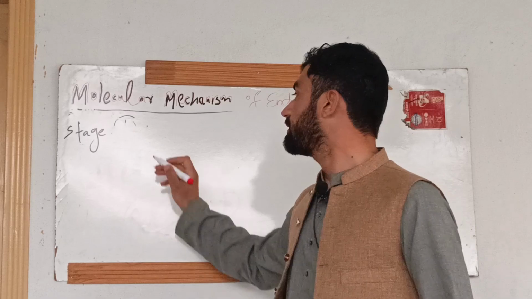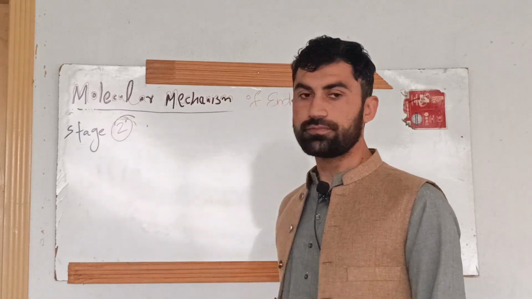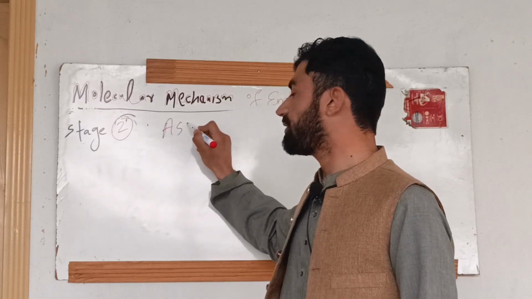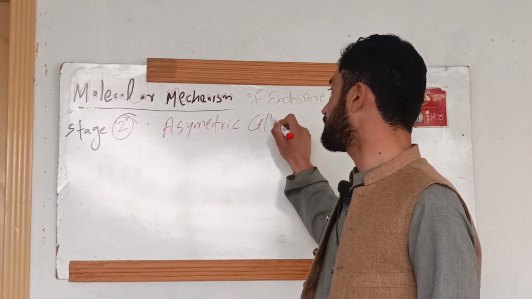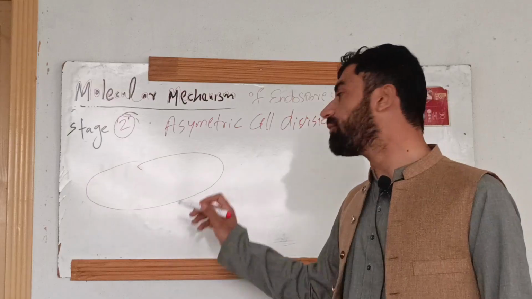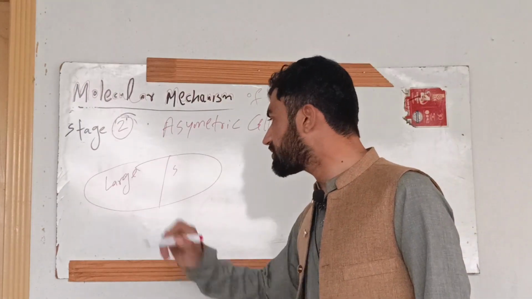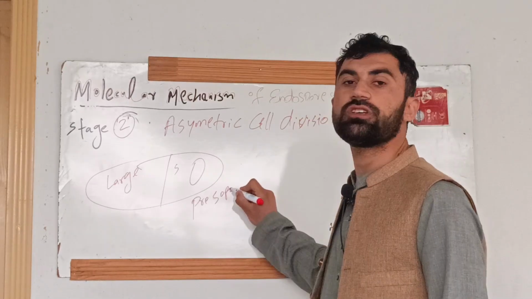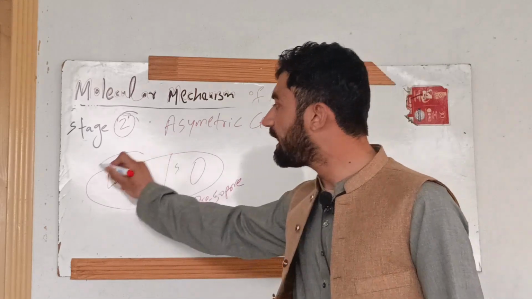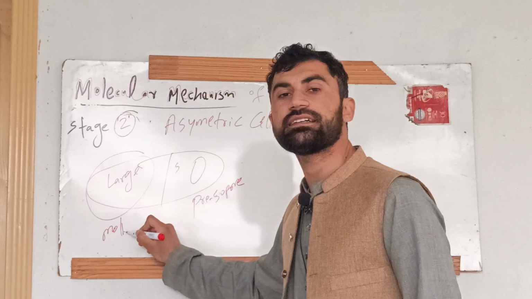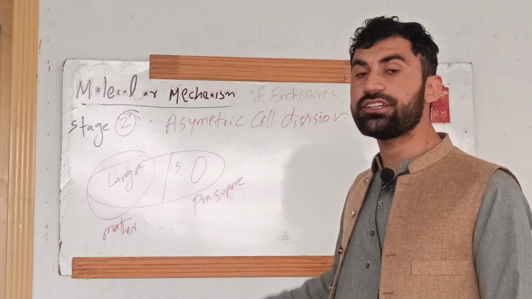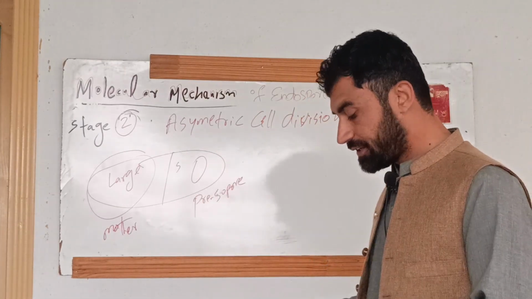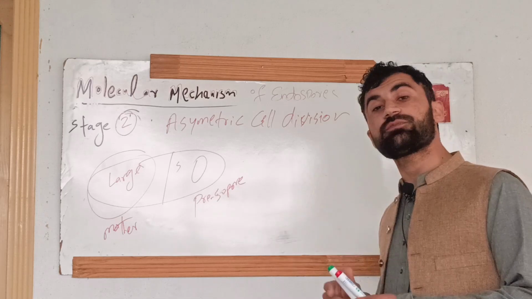Now come to stage 2, which is asymmetric cell division, which means that the bacteria will divide asymmetrically into a large compartment and a small compartment. This will form here the pre-spore, which is also called the future spore, and the large compartment is the mother cell. So in this stage, two proteins are important, which are also master regulators of this process.